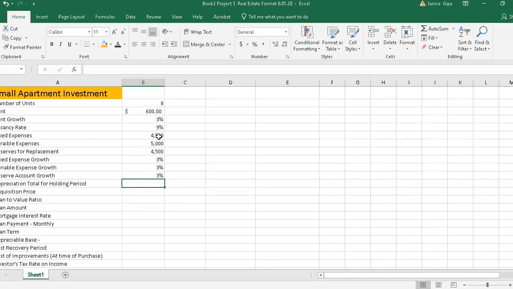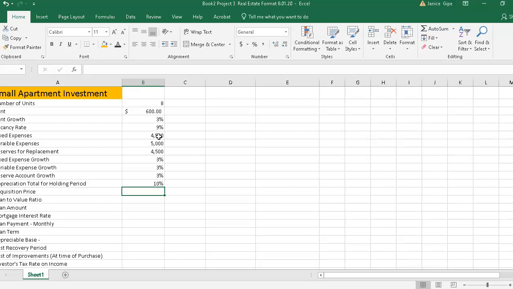Appreciation, the total for the holding period is 10%. So this is what we're expecting to gain during the holding period, the appreciation total, that was the 10%.